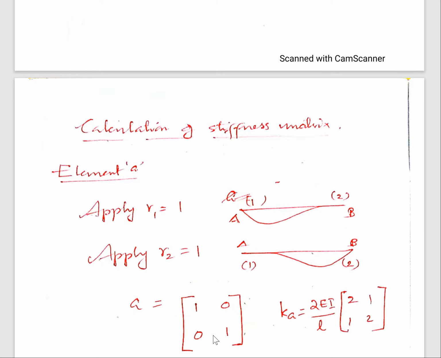So this is our displacement transformation matrix, and small ka, the element stiffness matrix, is equal to 2EI by L, 2 1 1 2. So this is about the first element. Similarly, we have to formulate the displacement transformation matrix and element stiffness matrix for each element.